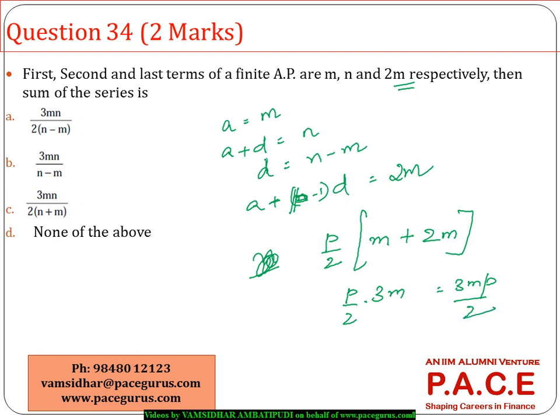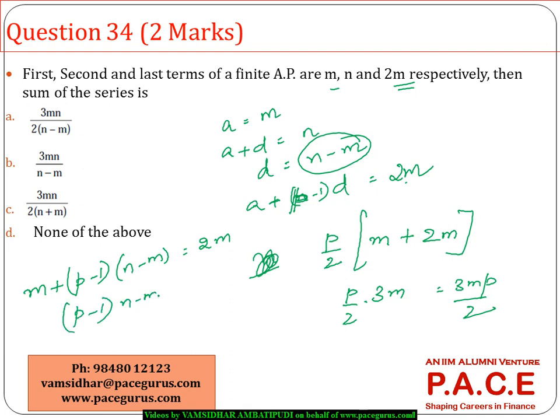Here we know that the common difference is n minus m, and a plus (p minus 1) into d is 2m. So you can easily make out a is m, m plus (p minus 1) into (n minus m) is equal to 2m. So probably you can say (p minus 1) into (n minus m) is equal to m, right?